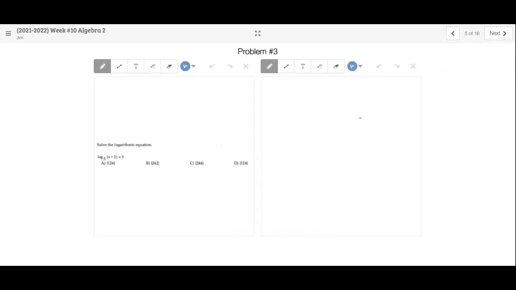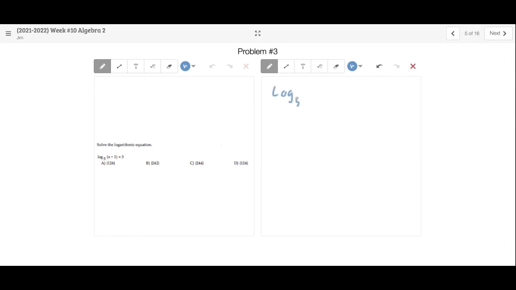All right. Problem number 3, I have log base 5 of x minus 1 is equal to 3. Uh-oh, it's a log problem. There's not a log on both sides. So what should I do? Write it as an exponent. It's exactly right. If I have an exponent, I rewrite it as a log. If I have a log, I rewrite it as an exponent.